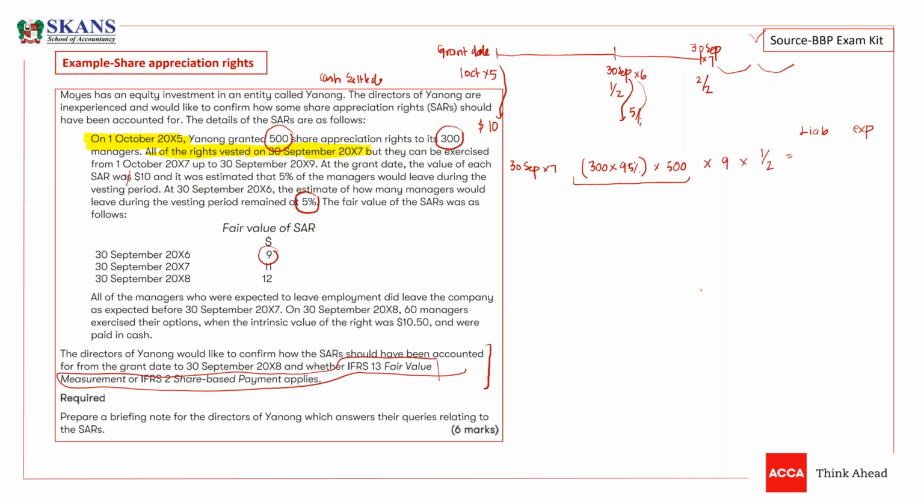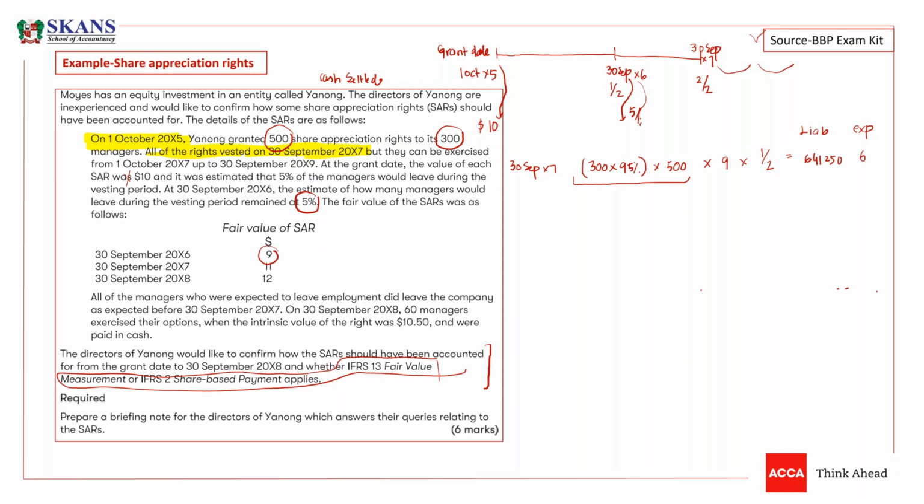Now, guys, what is next? Now we need to do calculations. The liability amount is actually 641,250.